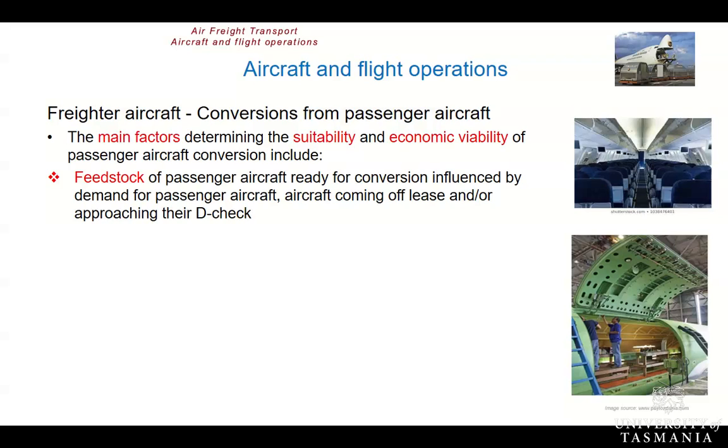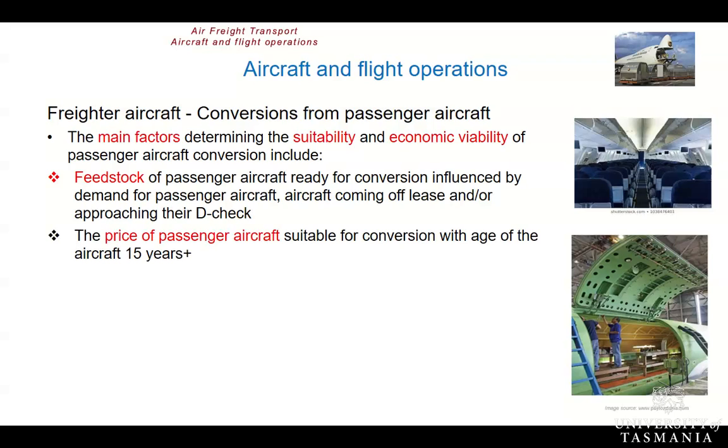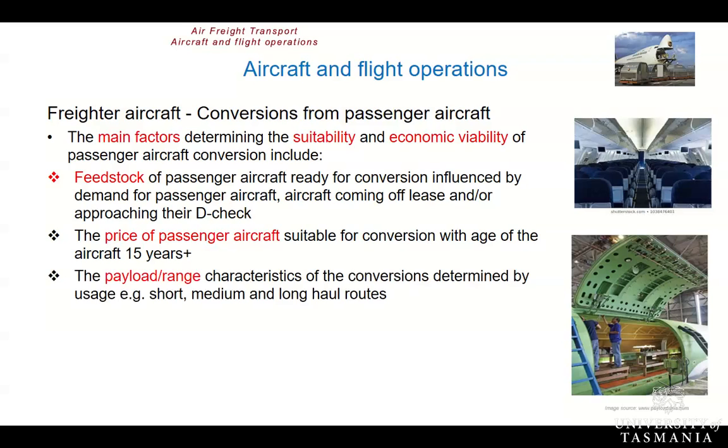Essentially you have to strip the aircraft, so you've got to pull everything out and put it back in. That might be a perfect opportunity to put your aircraft up for conversion. So as a rule of thumb, around 15 years plus is going to make it the right sort of aircraft age.